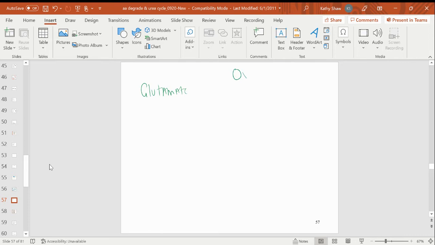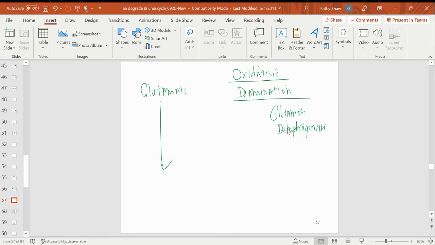What I'm going to do is oxidative deamination. So really pay attention to the name of the process. It's telling you what's going on. The enzyme I'm going to use for this is glutamate dehydrogenase. So here's what I'm going to do.